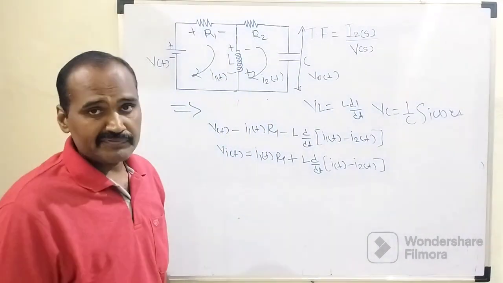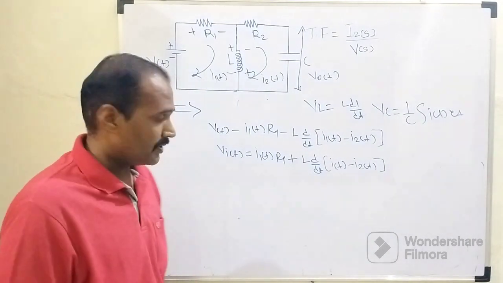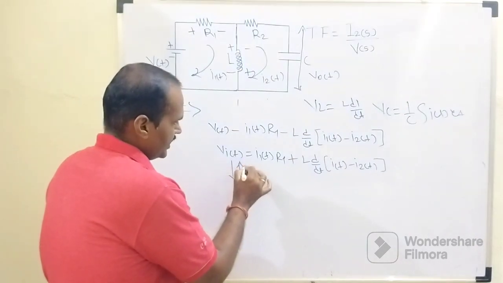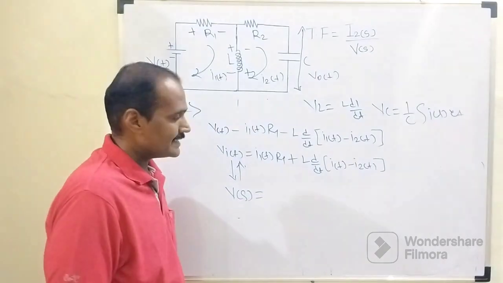As we know, the transfer function is nothing but the ratio of output to input in the S domain. So in order to convert this time domain expression into the S domain expression, we need to apply the Laplace transform to this existing statement.